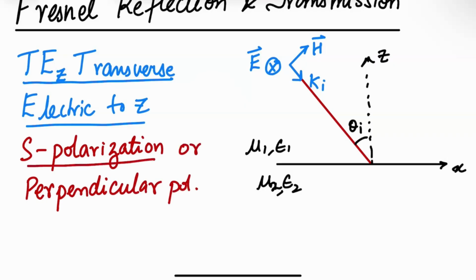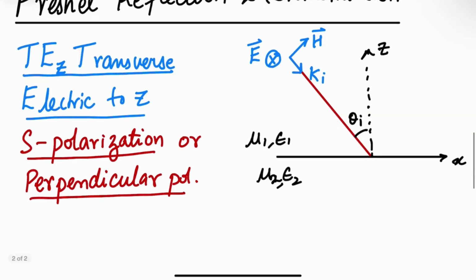There are alternative names for the same case. S basically means it skips on the surface, so maybe that's a mnemonic to remember it. And the TM to Z is called P polarization.